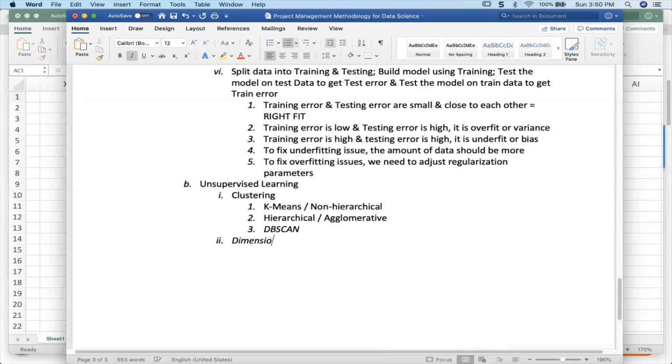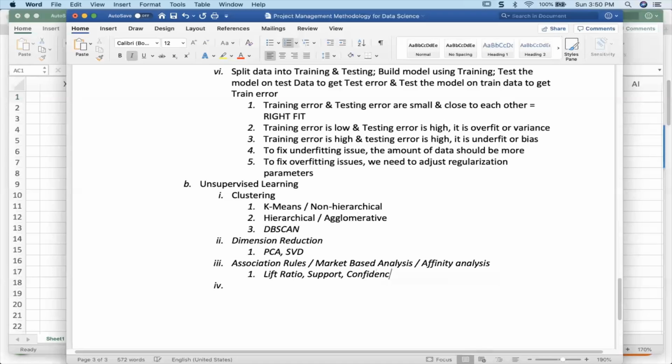Then you will have dimension reduction. As part of that, you'll learn about PCA and SVD. Both are important, by the way. Then you'll have association rules, market basket analysis, which is also called affinity analysis. Excuse me for the spelling. In which you'll have lift ratio, support, confidence.